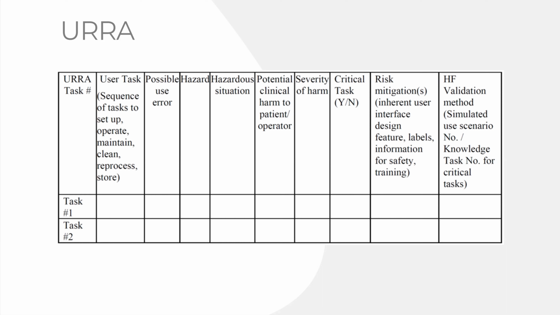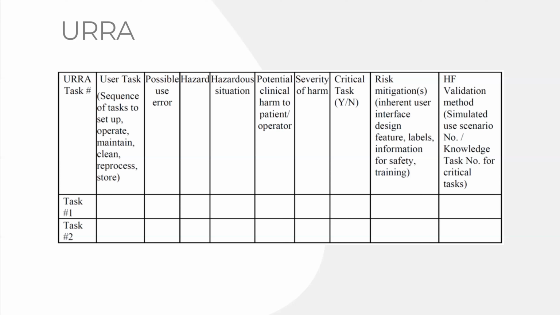However, the FDA goes one step further. They want you, in addition to identifying anything that can cause harm, anything that can prevent you from being able to perform the indication for use, that they also consider a critical task. So if it interferes with performing the intended use or indication for use of the device, or it can cause harm to the patient or user, that's definitely going to be a critical task in the eyes of the FDA.